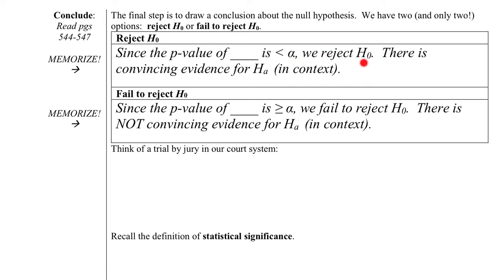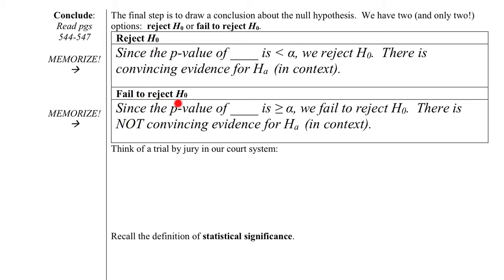We're going to reject that people have no preference for tilting their head. So there's convincing evidence that they tilt their head to the right in this case. So that would be when we reject a null hypothesis. Remember, the null hypothesis was that there was no preference and it was 50-50.